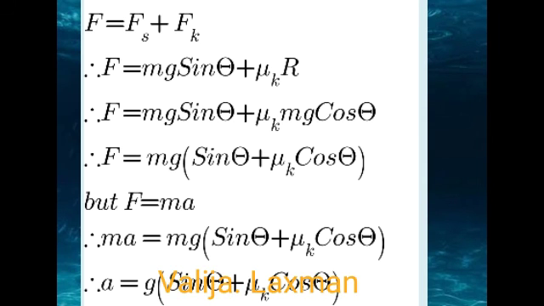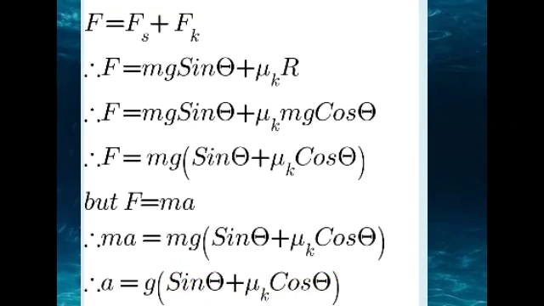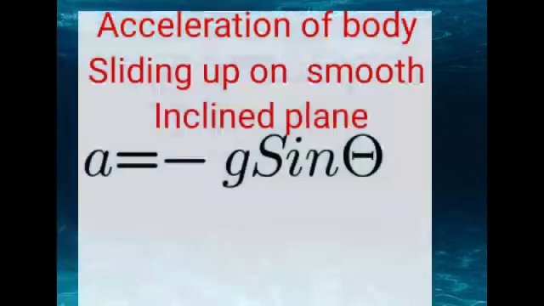Previously, when the body was sliding down, we got a equal to g times sin theta minus mu k cos theta. But here, when the body is sliding up, a equal to g times sin theta plus mu k cos theta. So this is the equation for acceleration of a body sliding up on a rough inclined plane.